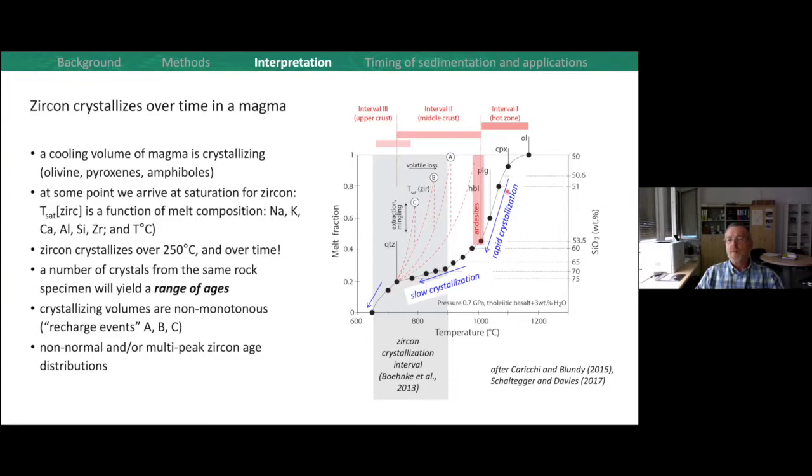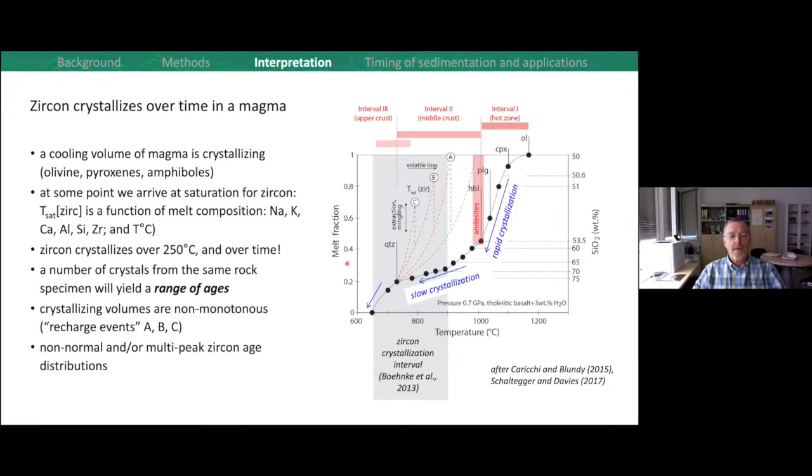Most of the zircons will form here. Some of them will maybe form here in small patches, which are isolated and saturate earlier, but most of the zircons will form here. So that means the zircons will yield a range of ages. And also these volumes which are crystallizing are not monotonous, because we lose melt in volcanic eruptions, but then we also have incoming hot melt, which is recharging the magma system, increasing the temperature, crystallizing again, increasing the temperature, crystallizing again.